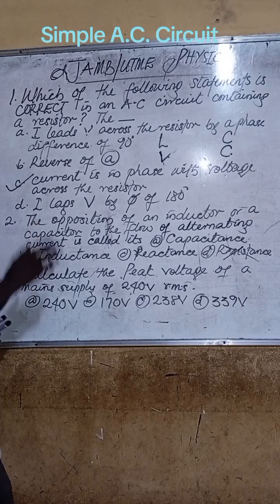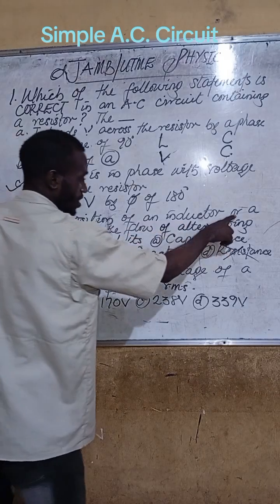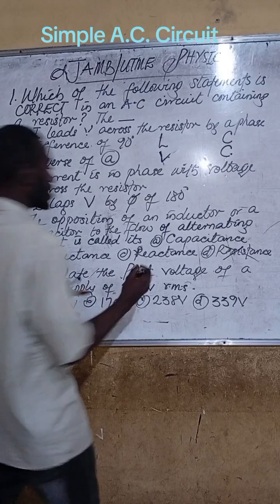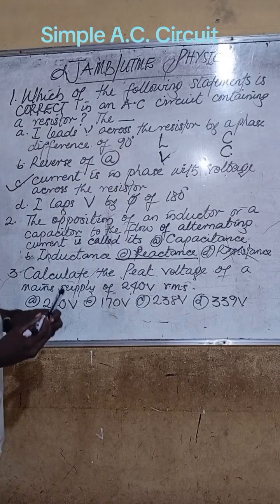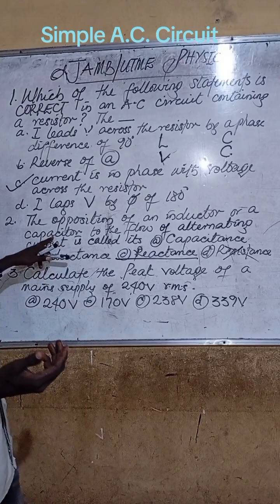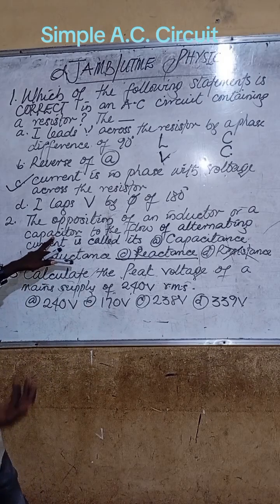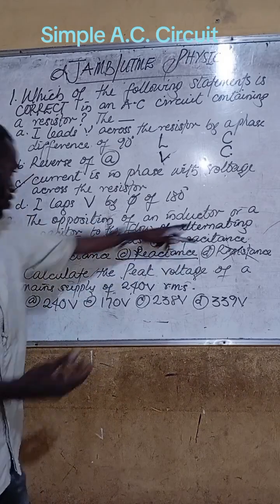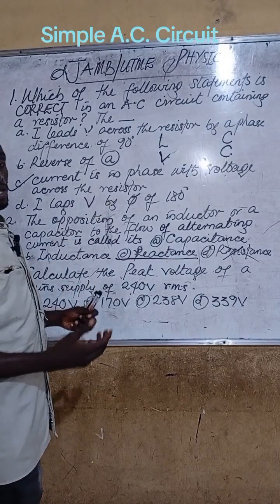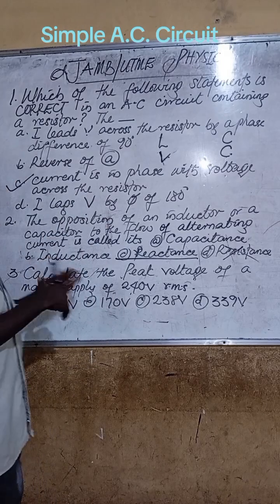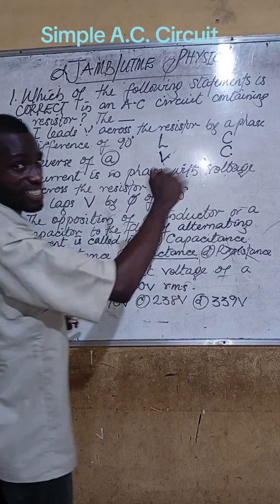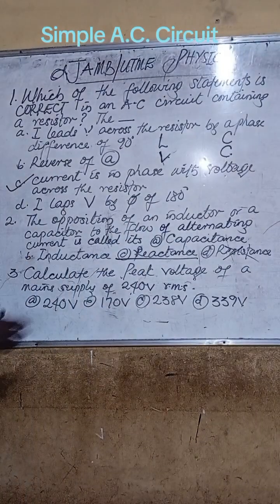Because the question says inductor or capacitor, we know that capacitance or inductance cannot be the answer. Capacitor is capacitance, inductor is inductance. So the opposition to the flow of current rendered by inductor and capacitor is called reactance. For capacitor alone, we call it capacitive reactance. For inductor alone, we call it inductive reactance.